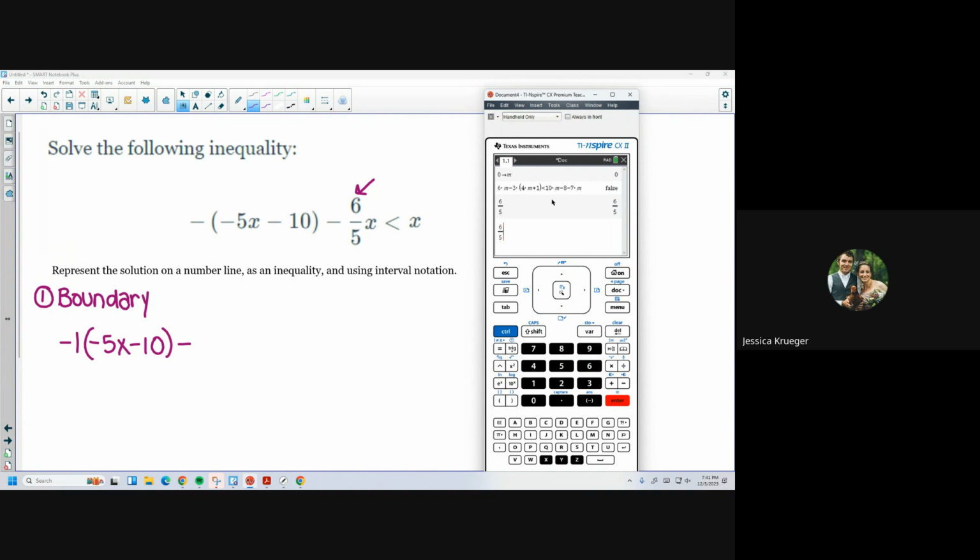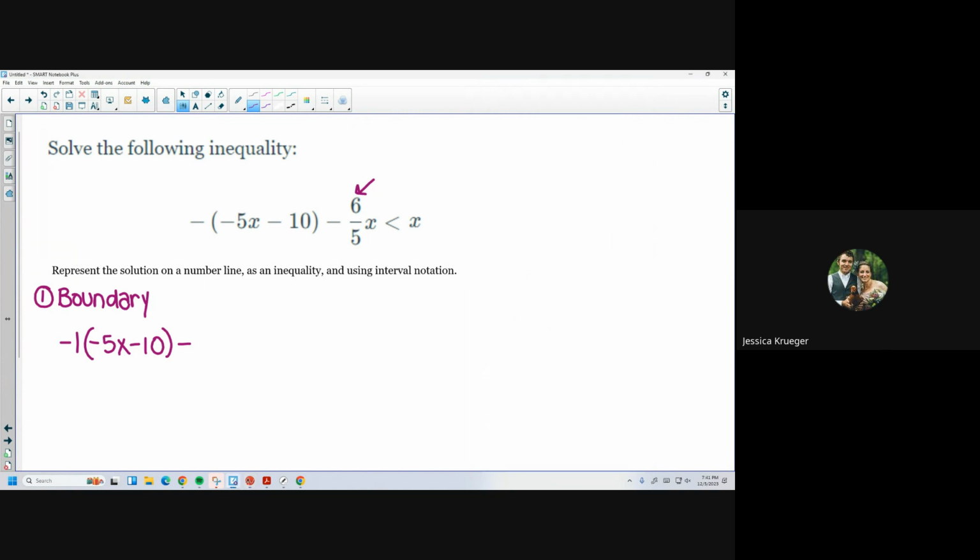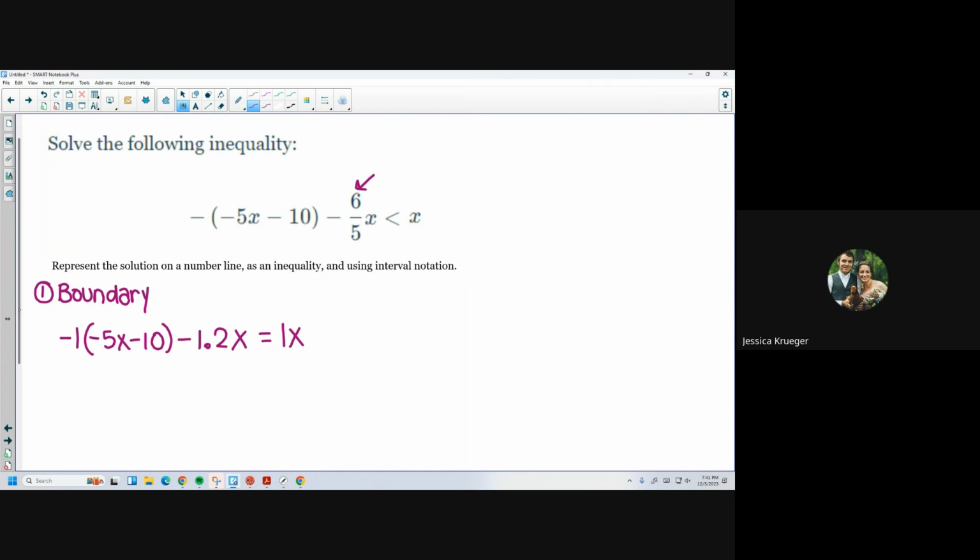Then above the Enter sign, there's a little blue squiggly equal sign. That means approximately equal to. So if I press Control Enter, it converts it into a decimal for me. It's 1.2. So I'm going to go ahead and write this as 1.2x equals, and I'm going to put a 1 in front of that x there.